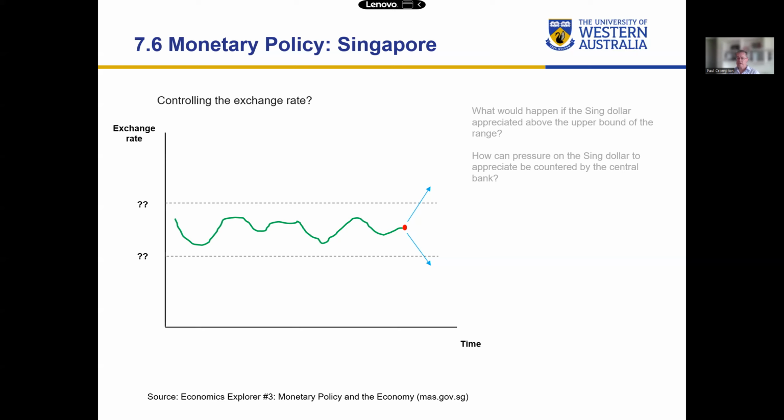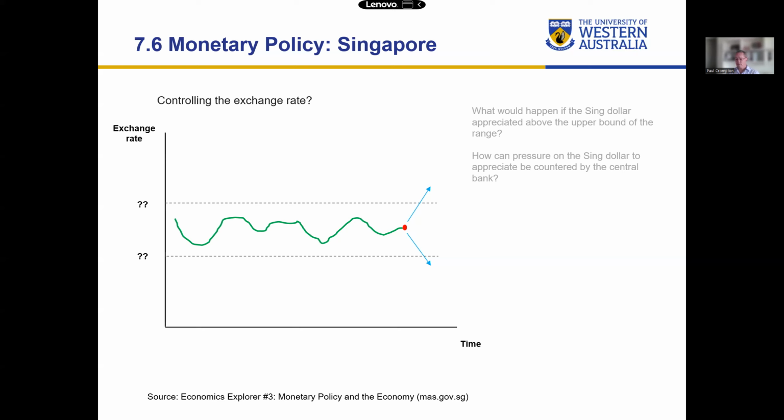Certainly after the GFC, the value of the Australian dollar dropped from about 105 US cents to about 65 US cents. That's about a 40% drop in the value of the Australian dollar. Now, we survived that. That big drop did put upward pressure on import prices, but it didn't lead to an inflation problem.